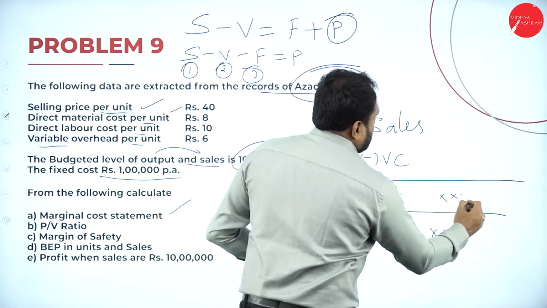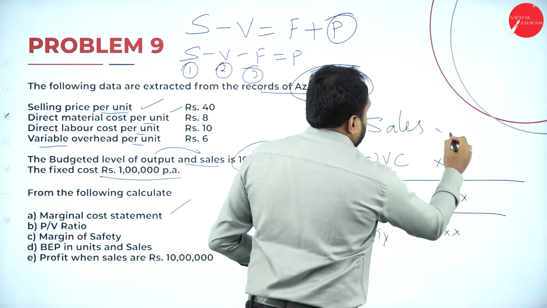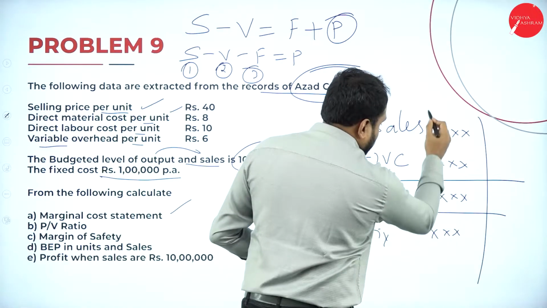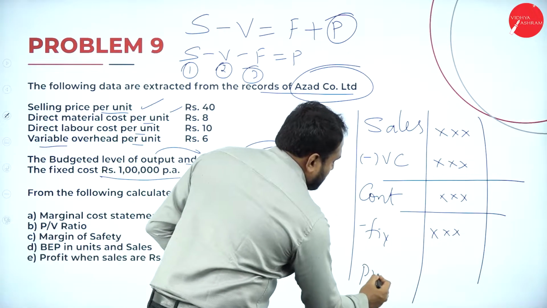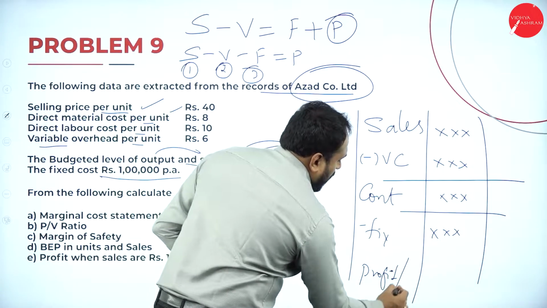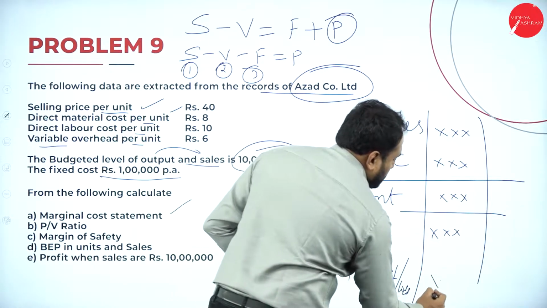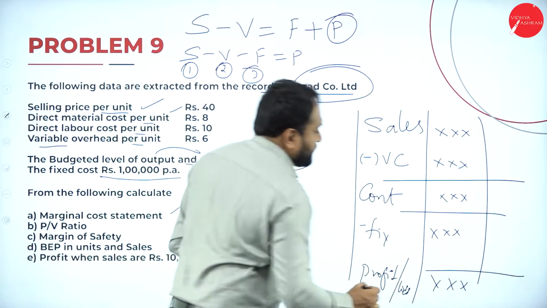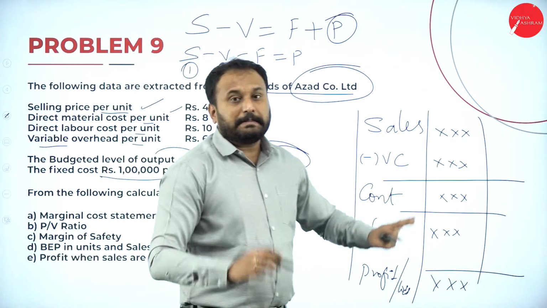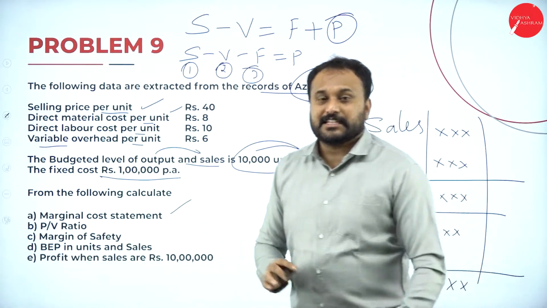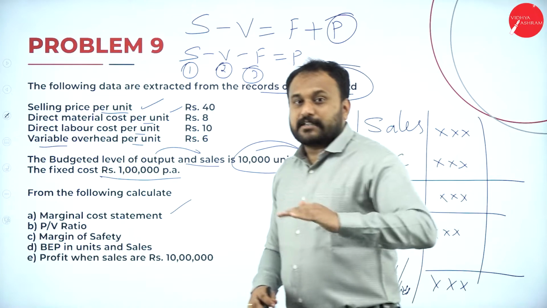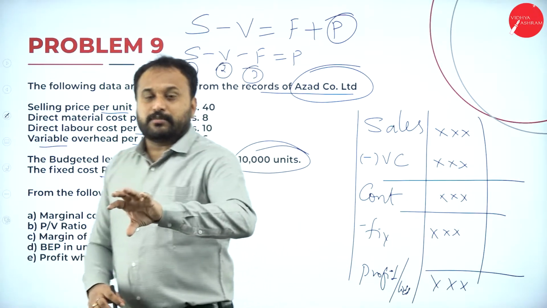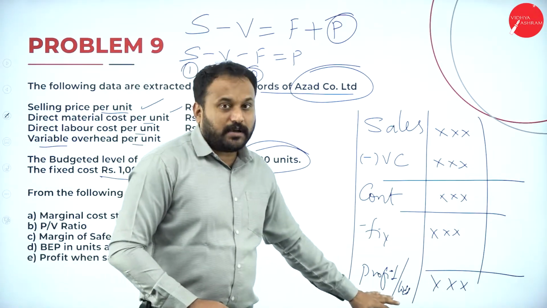See here, the last one, whatever you get, right? This is profit or the loss. So this format you are supposed to know. That is called marginal cost statement. Sales minus variable cost. That is what you get. Contribution. Contribution minus fixed cost is your profit.